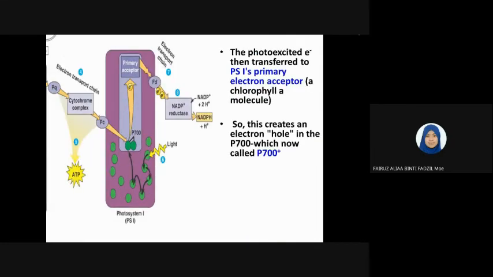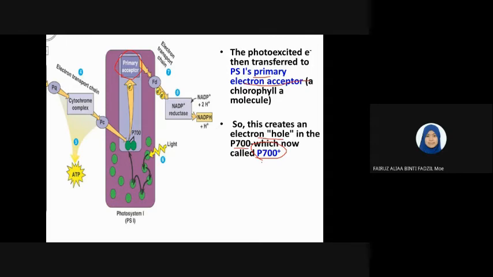So the photoexcited electron is transferred to PS1's primary electron acceptor. The electron from P700 is raised to a higher energy state and accepted by the primary electron acceptor. This creates an electron hole in P700, which is now called P700 plus. Remember, when you see P700 plus, it is oxidized, already missing an electron.